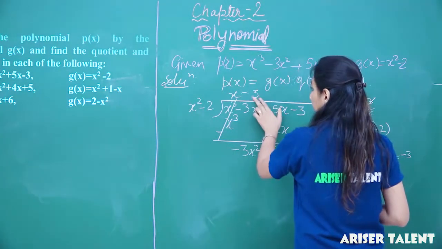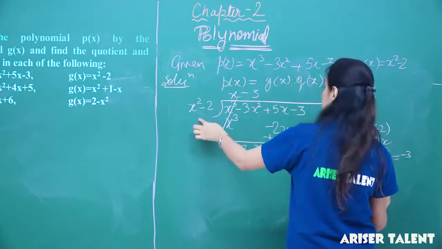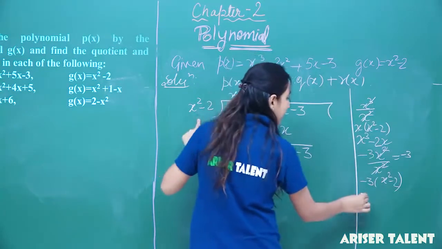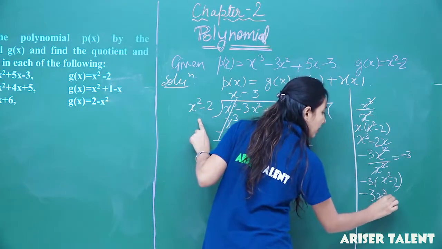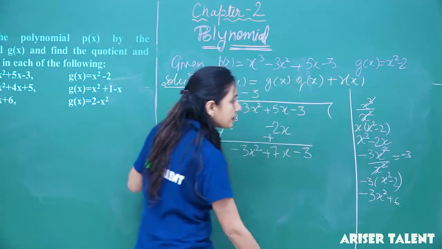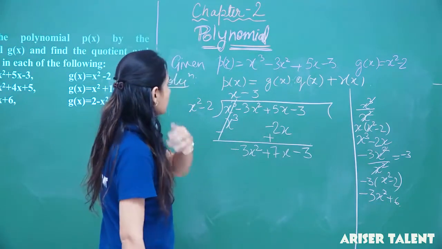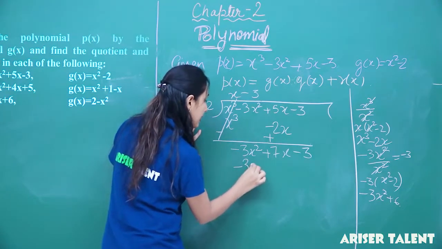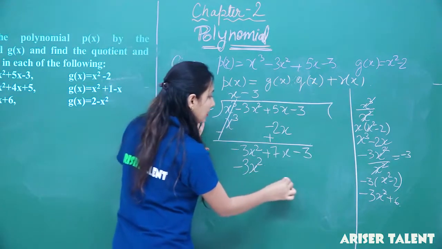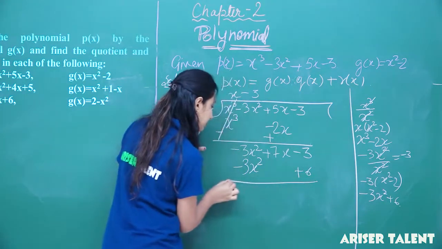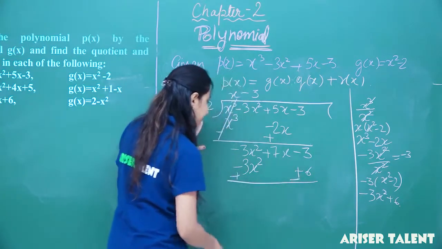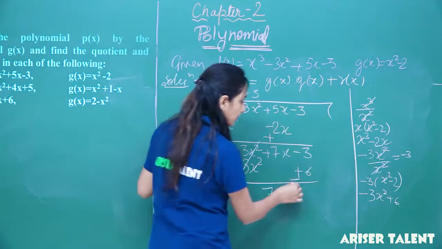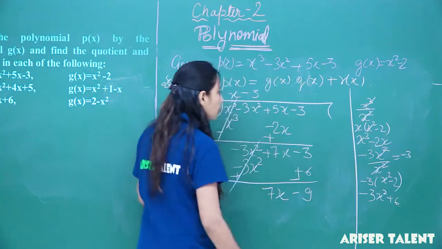Okay, minus 3 here and multiply x square by minus 2 by this. So, you will be getting minus 3 of x square plus of 6. Okay. So, minus of 3x square and then plus of 6 here. Now, change the signs, cancel it out, 7x, that will be minus of 9.